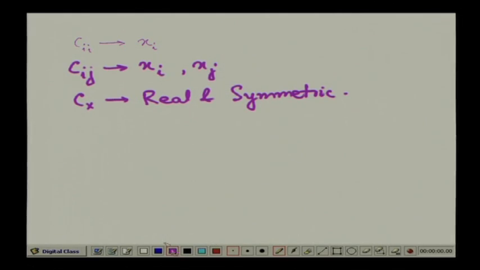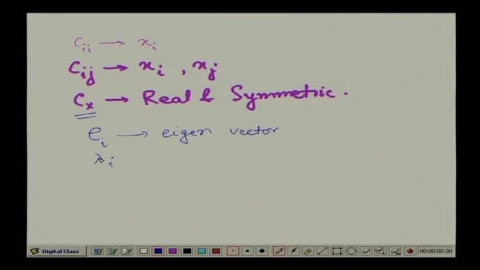Because this covariance matrix Cx is real and symmetric, we can always find a set of n orthonormal eigenvectors of this covariance matrix Cx. Suppose ei is an eigenvector of this covariance matrix Cx which corresponds to the eigenvalue λi.